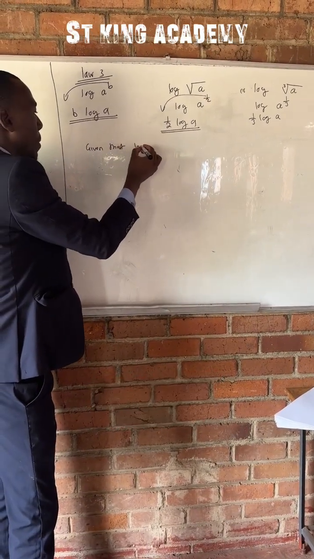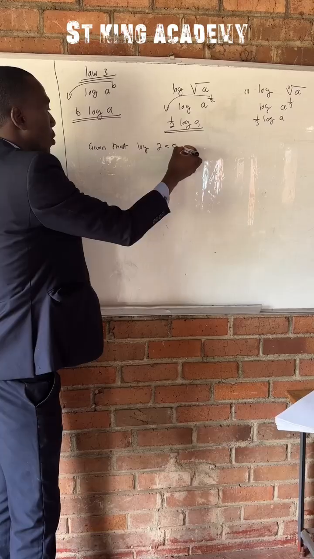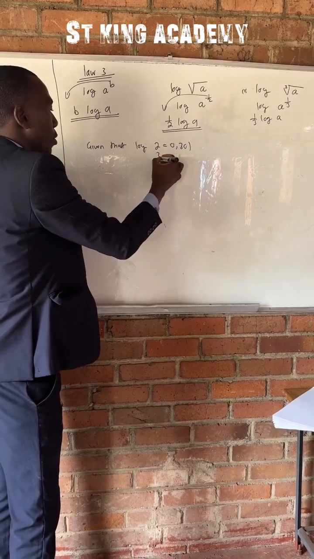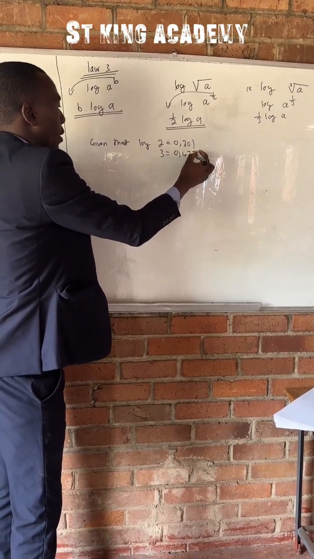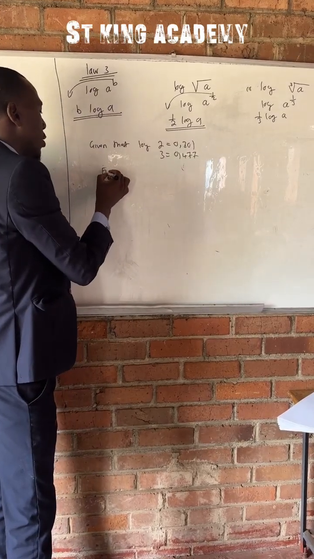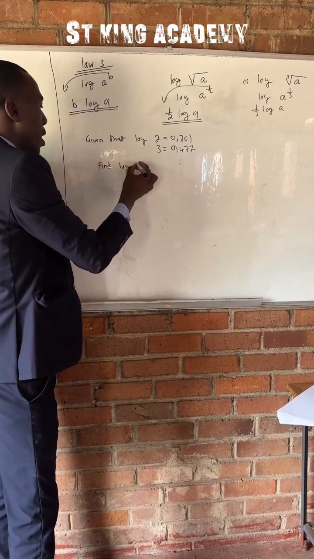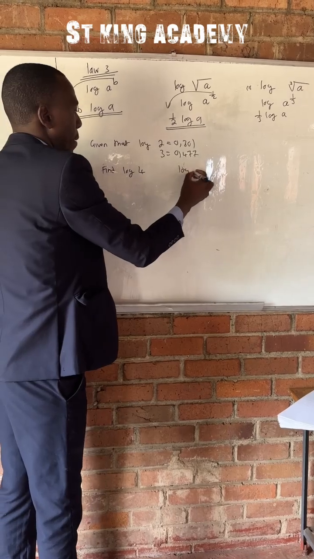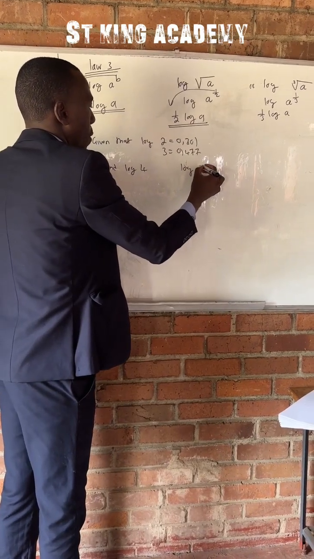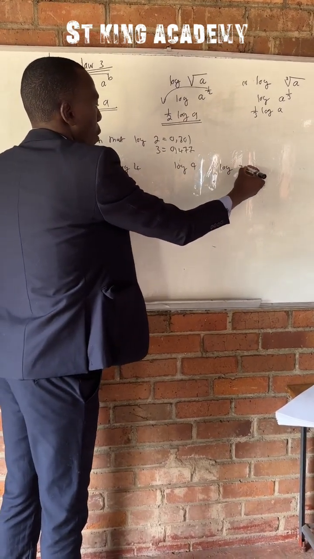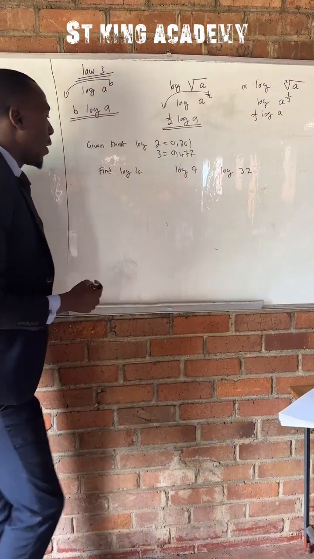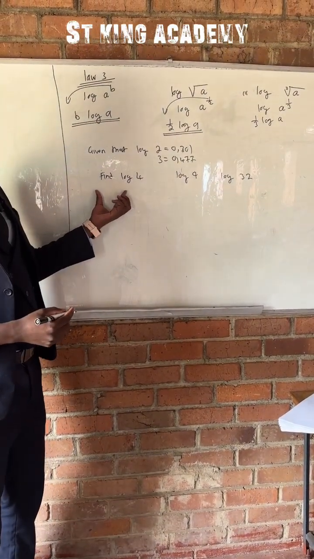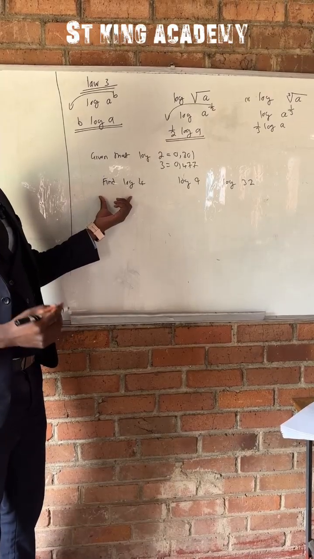Okay. We are given that log 2 is equal to 0,301 and log 3 is equal to 0,477. Then you are asked to find log 4, log 9, log 32. Okay, so this one is almost the same as law number 1.